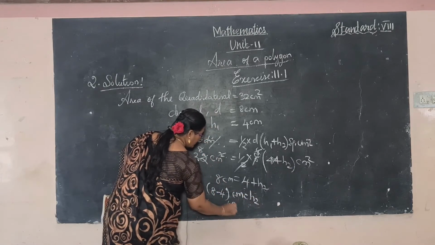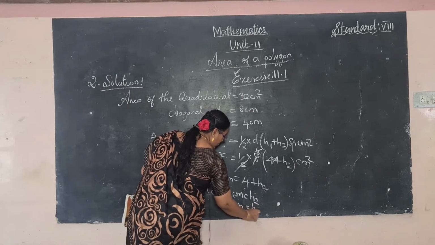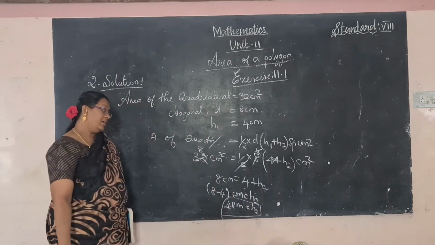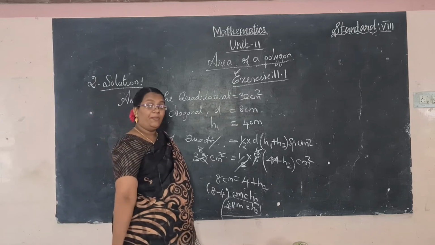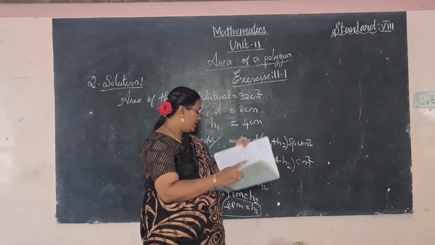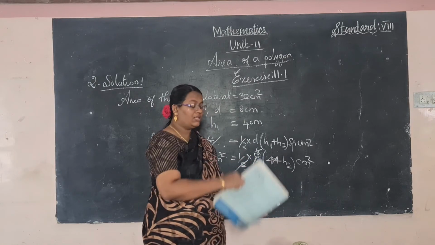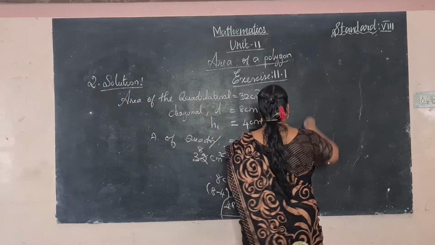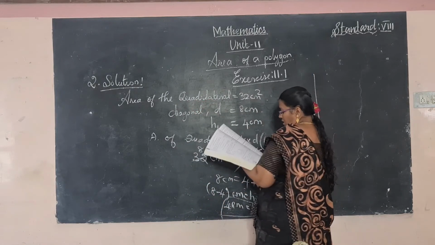So 4 centimeters is equal to h2. So the length of the perpendicular from the vertex D is 4 centimeters.